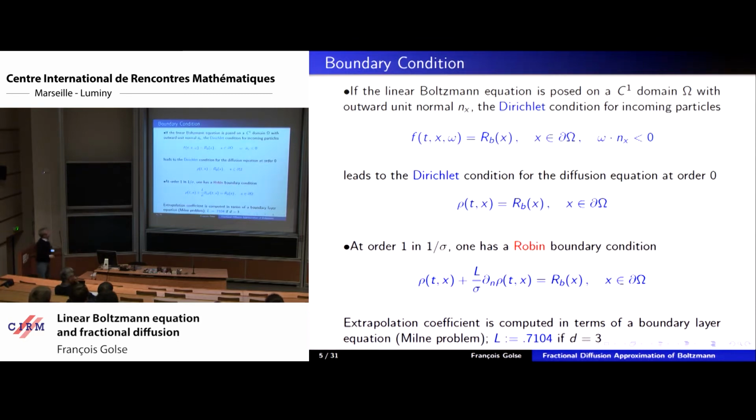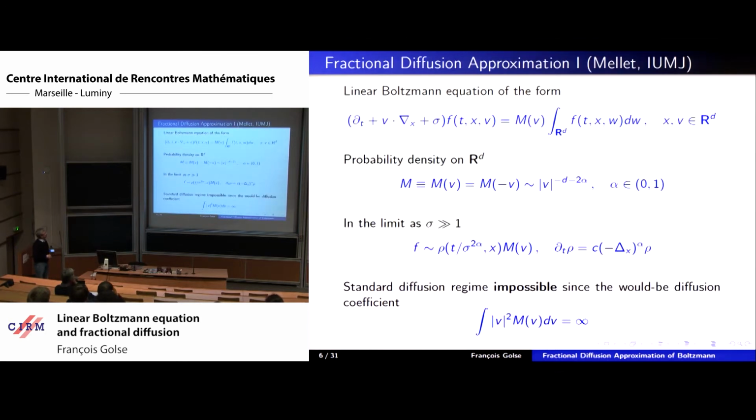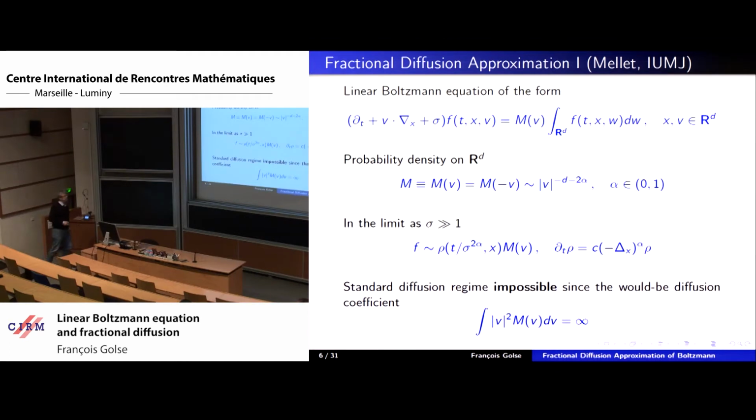All right, now, there are several ways by which fractional diffusion equations can be derived from linear Boltzmann equation. One first approach is the one I learned from a paper by Antoine Mellet, which I think is in the Indiana University Math Journal, maybe 2009 or something.